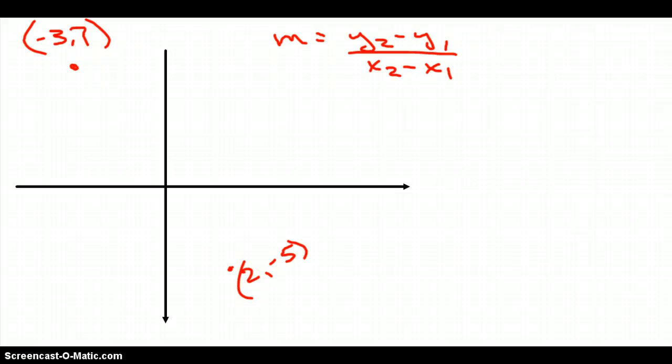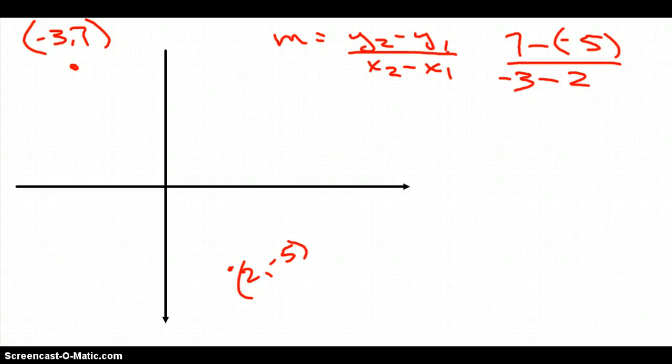Is it the 7 or the -5? Doesn't really matter. Let's use 7 first. So 7 is my y2. My y1 is this -5. Okay? So y2 minus whatever y1 is. In this case, it's a -5, so that's why I have two negatives there. My x2 then has to be the corresponding one. So if I make the 7 a y2, my x2 has to be the -3 minus the x1. Gives me 7 plus 5, which is what?